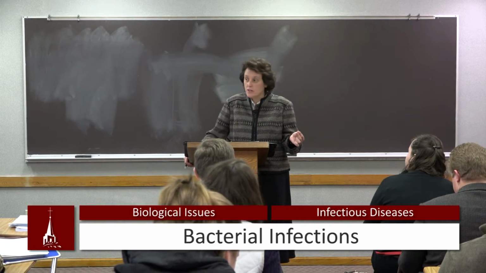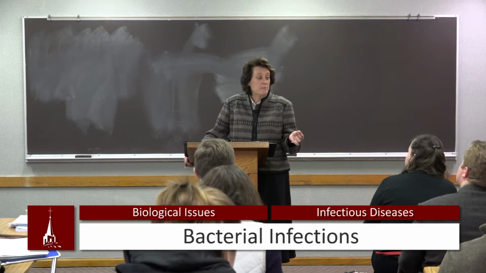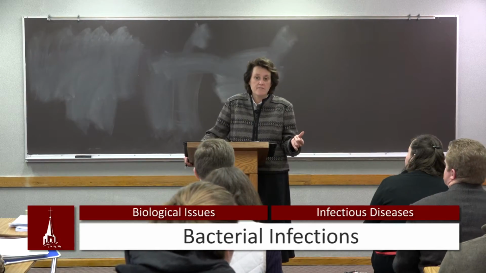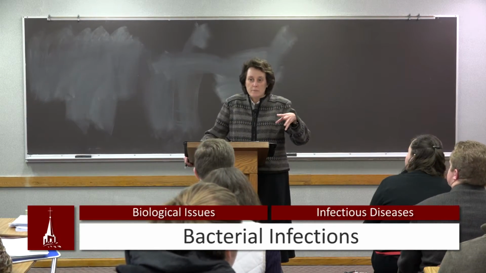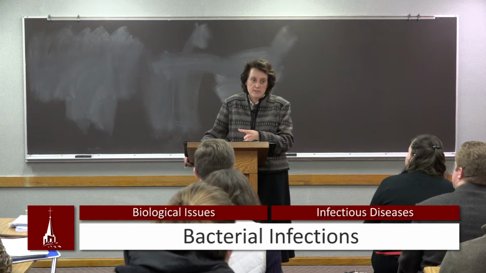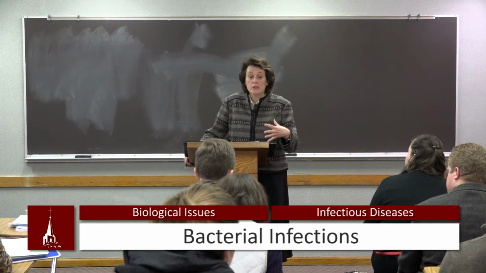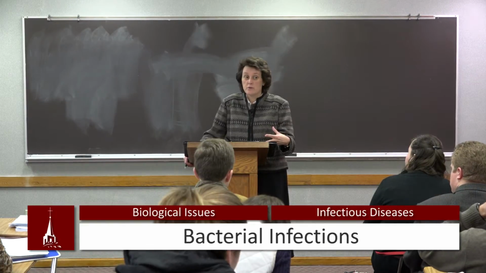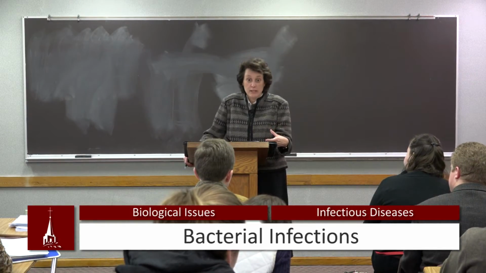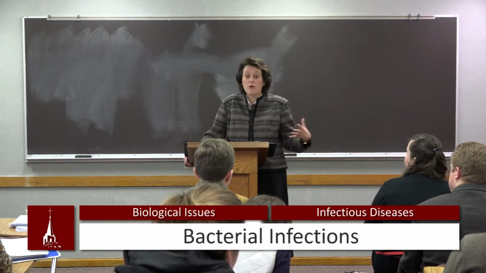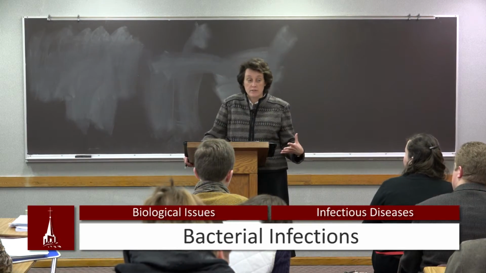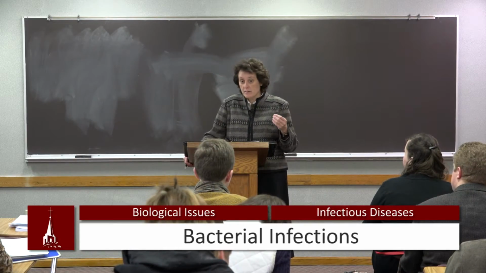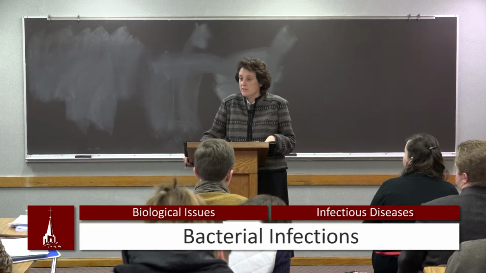The answer is no. The only way they can become a pathogen is if they are able to somehow escape the effects of the immune system. They have to be able to proliferate. I told you that bacteria are ubiquitous. It's part of your normal flora. It's part of the flora of your intestines. All right, but they're not all pathogens.